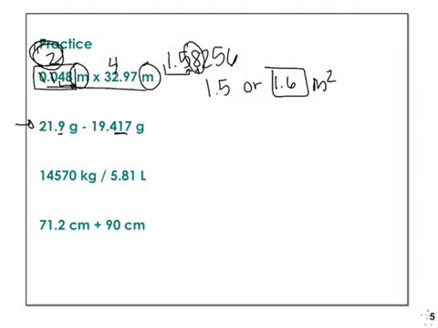The low number or the high number? Pardon? 1. 1. You have to always pick the lowest number. So when you do the subtraction, you get 2.483. So what would our answer be in this case? 2.5. 2.5, yes. Grams.